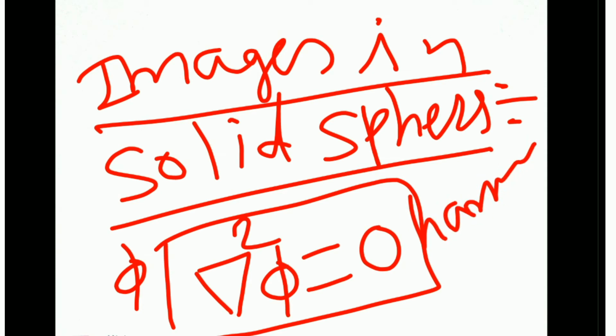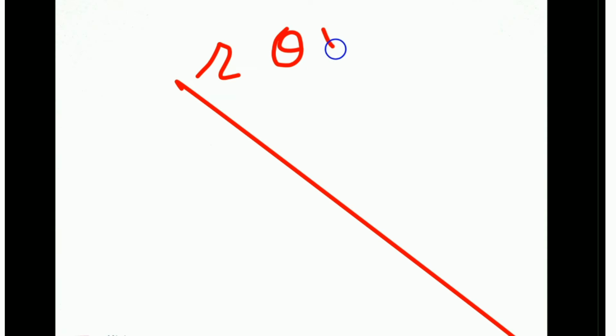Now, to study the image in a solid sphere, we take the spherical polar coordinate system r, theta, psi, and hence the Laplace equation in this system is: del square phi is equal to 1 upon r square sin theta, dou by dou r of r square sin theta into dou phi by dou r, plus dou by dou theta of sin theta dou phi by dou theta, plus dou by dou psi of 1 upon sin theta dou phi by dou psi, is equal to 0.